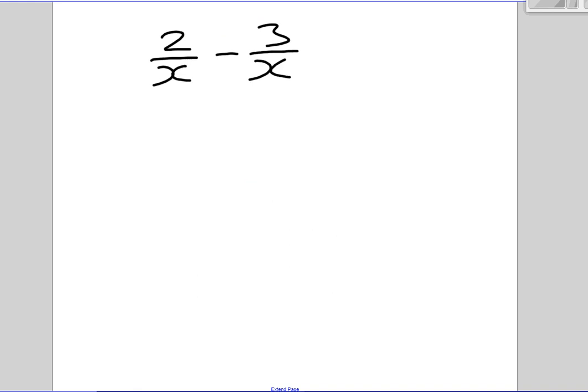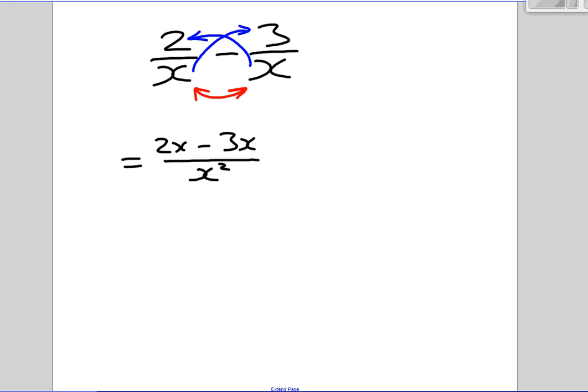Right? Another one. This time, both are over x. So if you were to follow the rules that I'd shown you there, you would carry out your little operations there. So x times x squared, 2 times x, 2x, 3 times x, 3x, or x times 3. You'll end up with that.